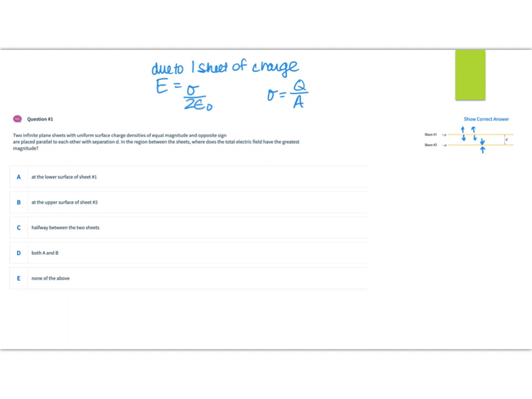The arrows I drew are the positive sheet creating electric fields in these directions. The negative sheet creates fields in those directions. Each one of them has a magnitude of sigma over 2 epsilon naught. We can see in the middle they would add, and you get sigma over 2 epsilon naught plus sigma over 2 epsilon naught, so that gives you sigma over epsilon naught between the plates.